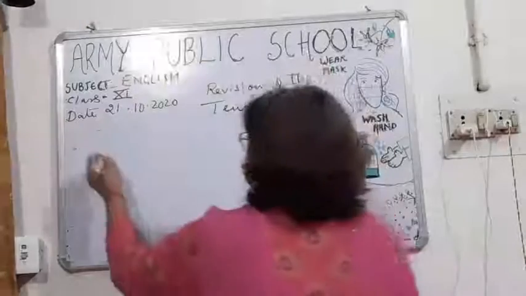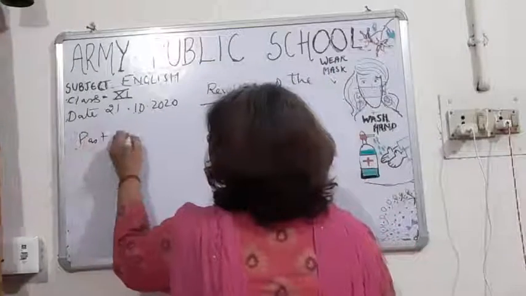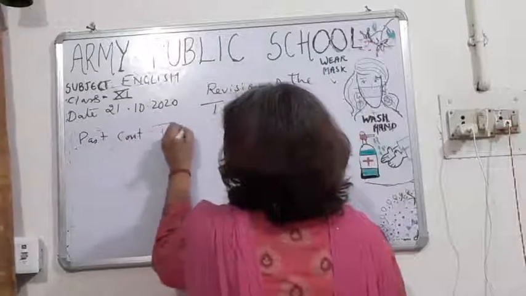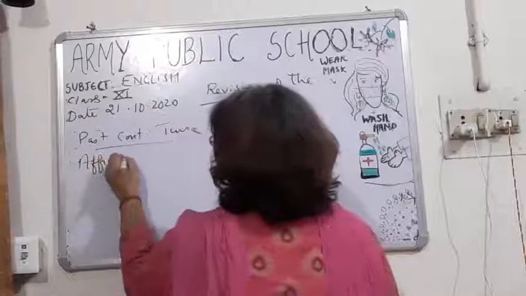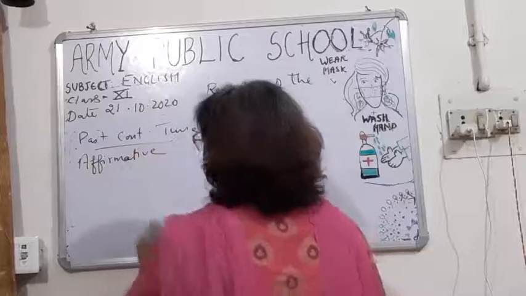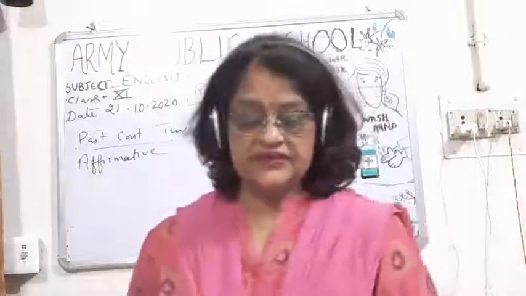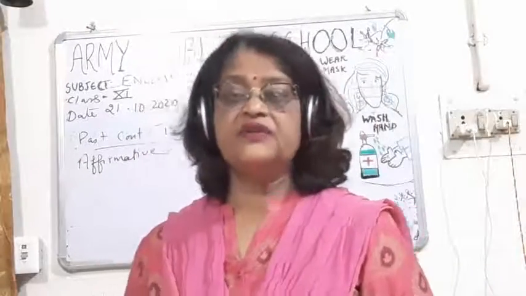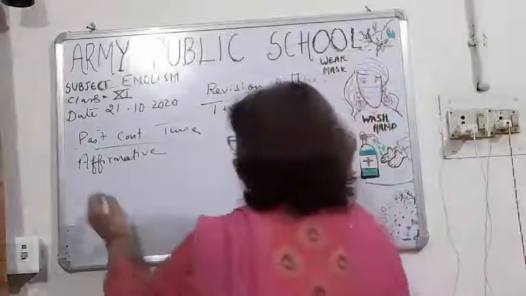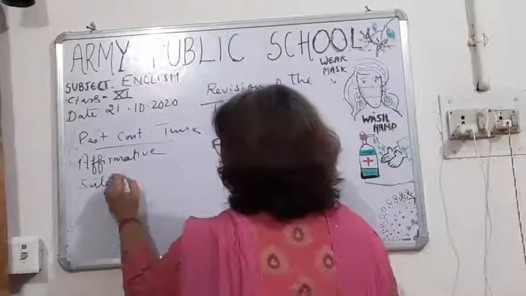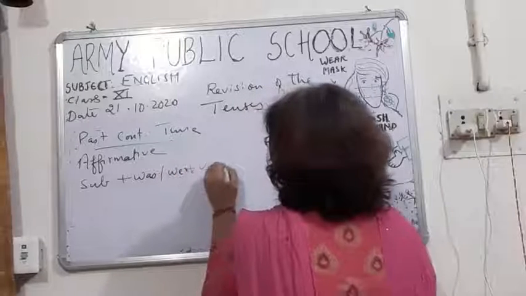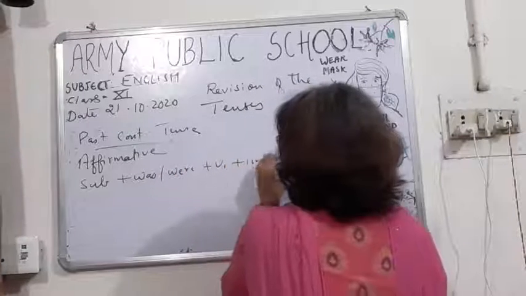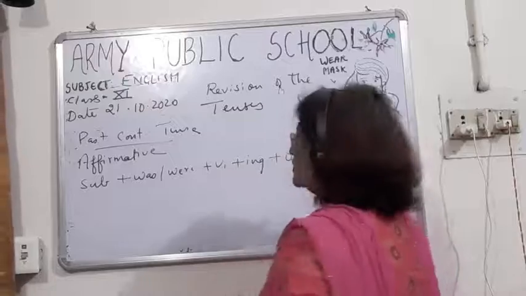Past continuous tense, sentence structure, affirmative. So affirmative sentence: subject plus was or were plus V1 plus ing plus object.